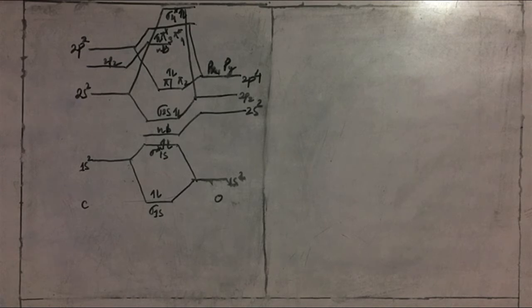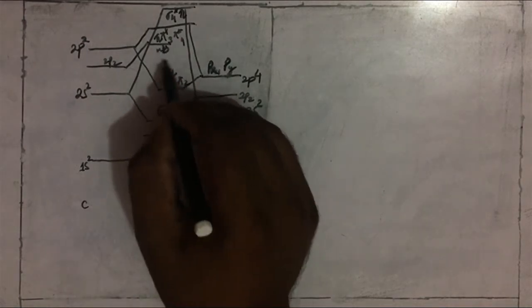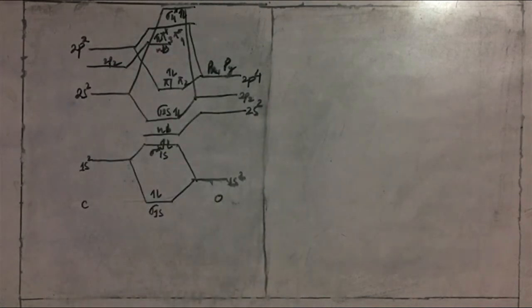So I will show the diagram of orbital overlapping of CO, C triple bond O. So orbitals on carbon combined with same orbitals on oxygen give two degenerate pi orbitals, as I drew here, and also two degenerate pi antibonding orbitals.